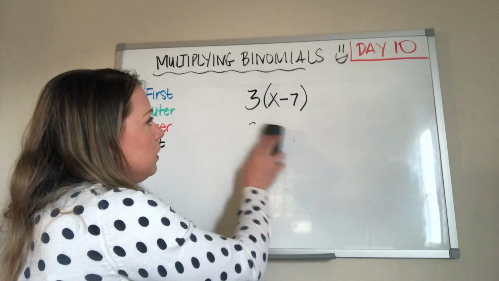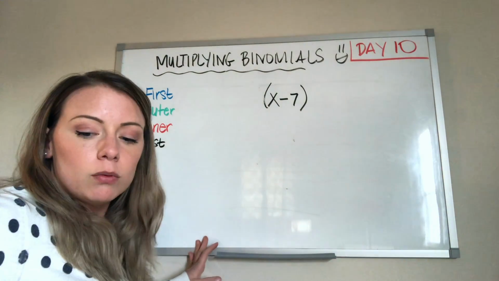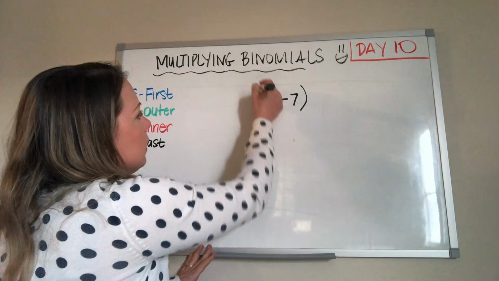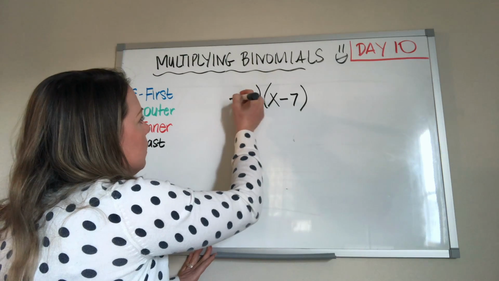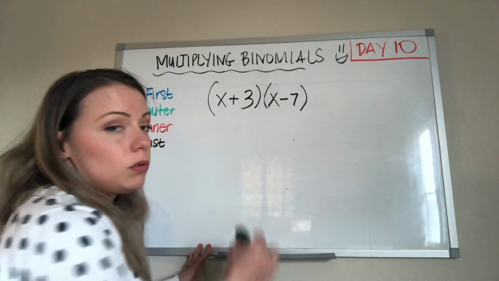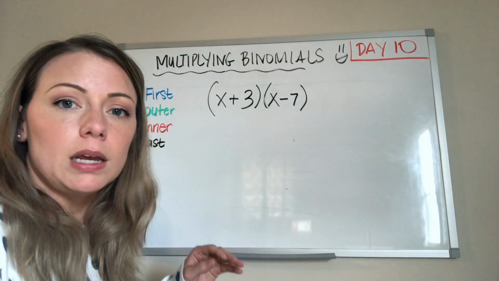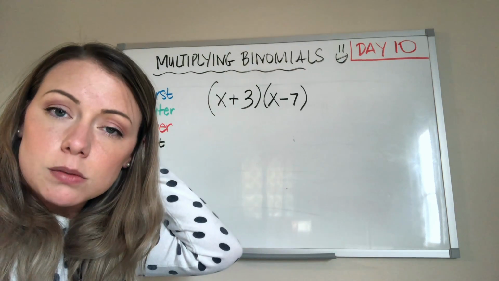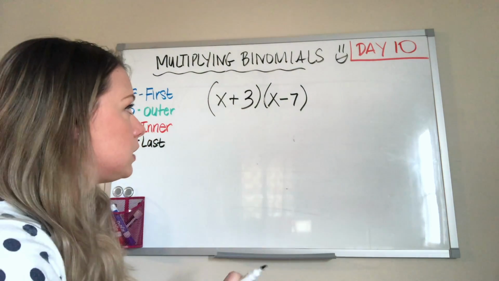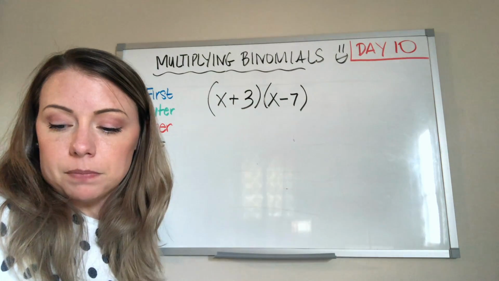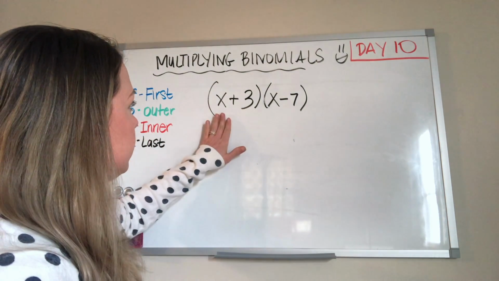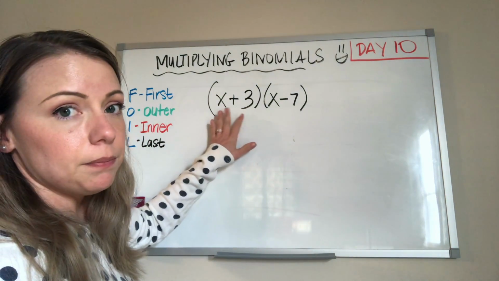But let me put that original binomial back and then show you the distributive property and how we can utilize that to multiply these two binomials together. We can clearly see there's 2 terms here.